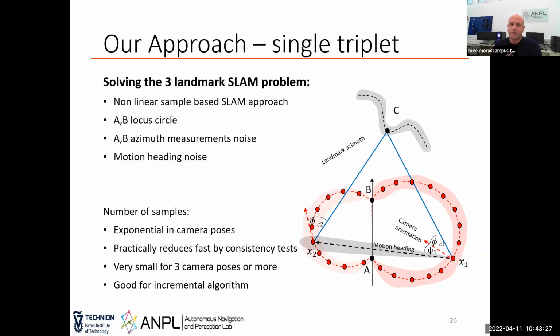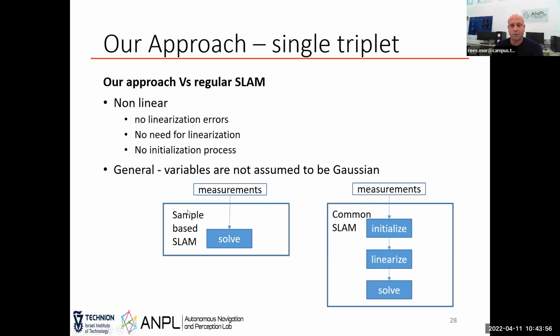The thing is that the feasibility of samples is greatly reduced when you have two views, okay? So out of all these samples, you have very few samples left for two views, and then for three views of the camera, it's very much reduced, and you don't have a lot of samples left. This is why for this small problem, the sampling approach works well.